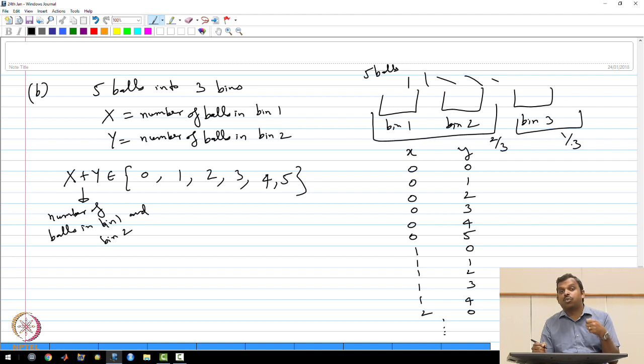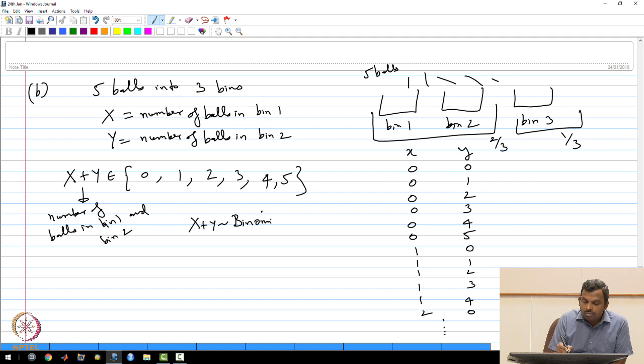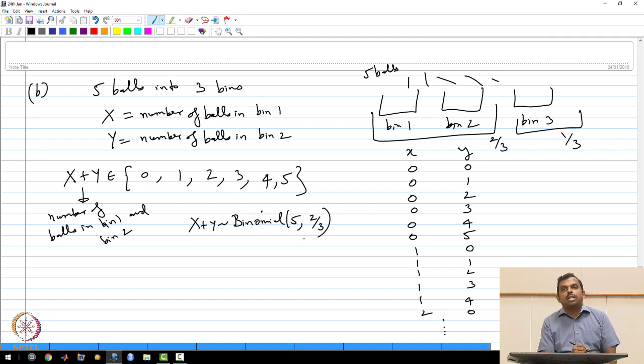I have a contribution of 1 to x plus y every time a ball lands in either bin 1 or bin 2. And the probability of that happening is 2 by 3 in every try. And I have five such possibilities. So one can quickly see that this x plus y is actually binomial with 5, 2 by 3. Okay. So this is a nice observation you can make based on how the problem is set up.